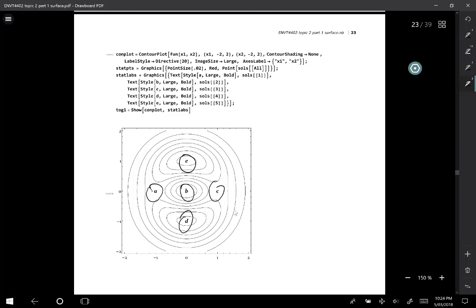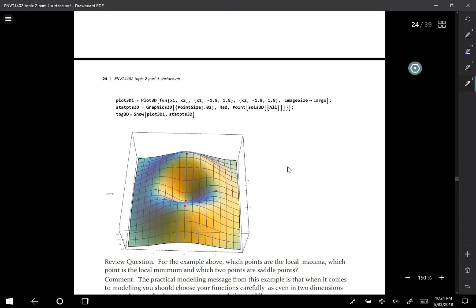We could probably label these contours, and that would tell us something about the stationary points, or we can complement the contour graph with a 3D plot over a range of sensible values. So we've identified the stationary points as red dots here.